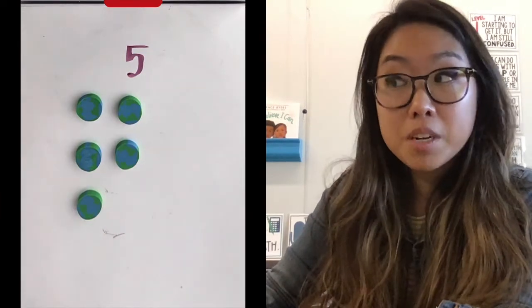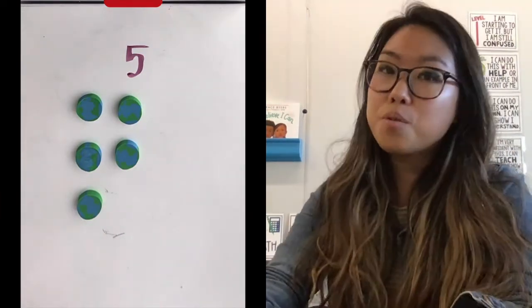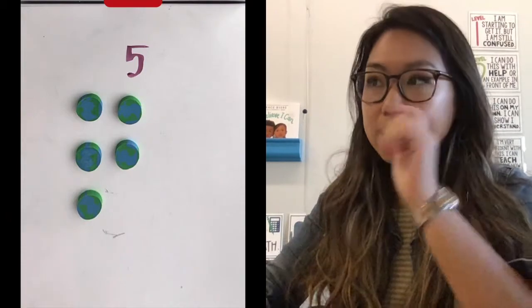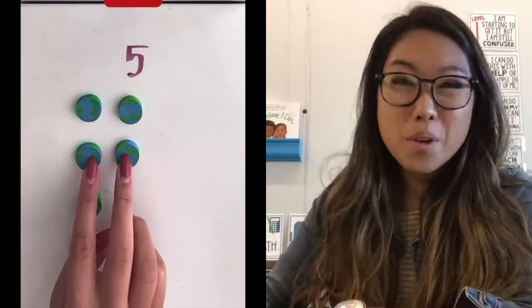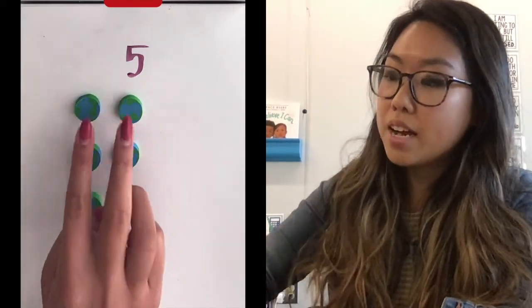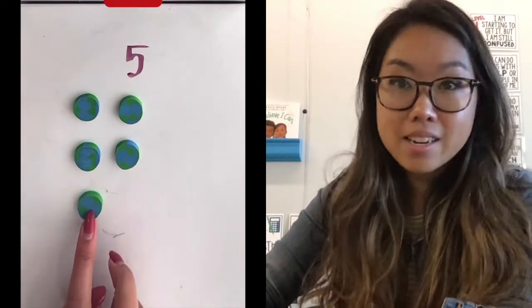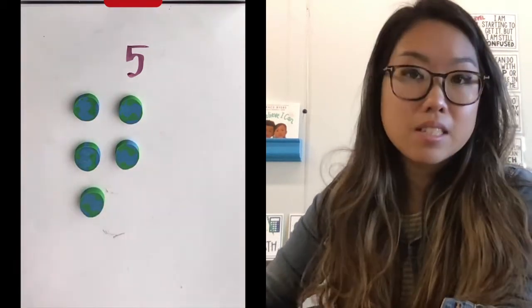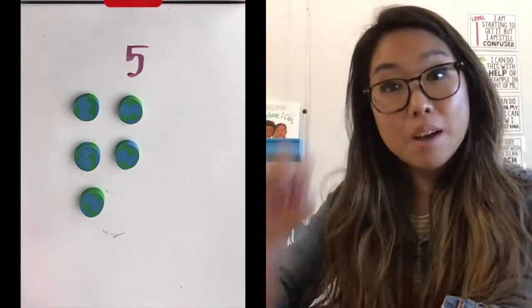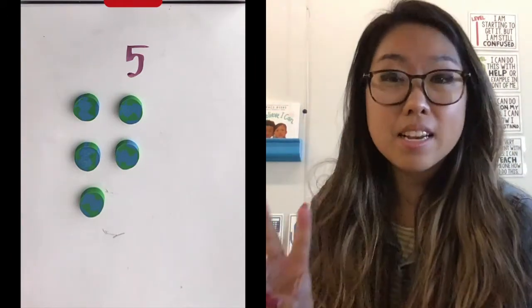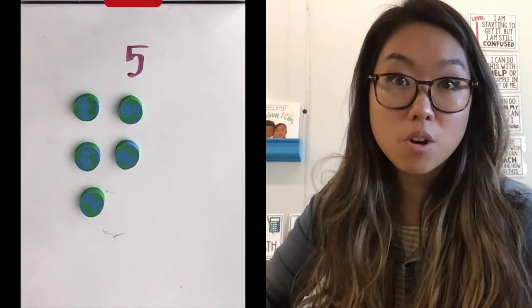That means this number is odd. So when I look at these numbers, I can think even or odd. When I skip count for 5, I can go 2, 4, but wait, 5, I cannot skip count by 2. So that means this number is odd. Notice that there were 2 ways that I showed you a number was even or odd.